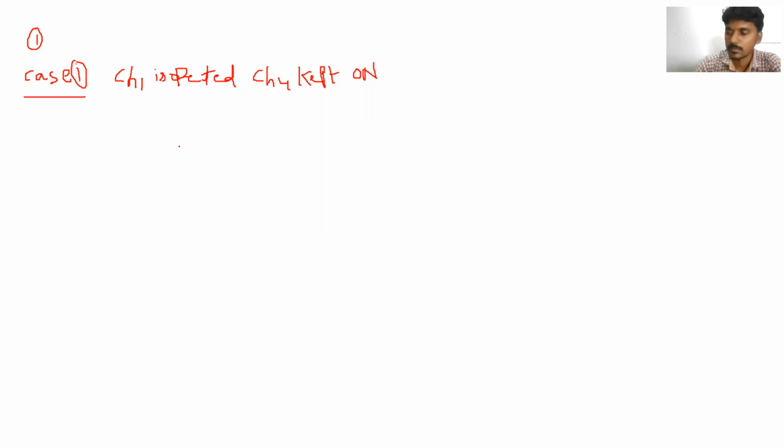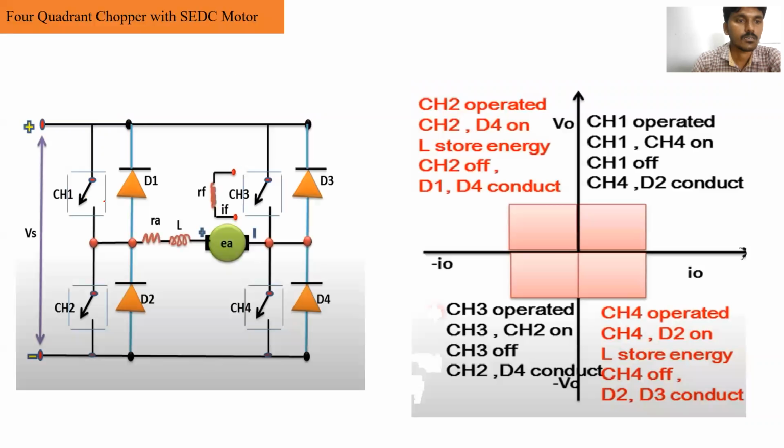Clear? So in the first case, CH1 operated means CH1 on and off. When CH1 is in the on condition, CH4 is also on.